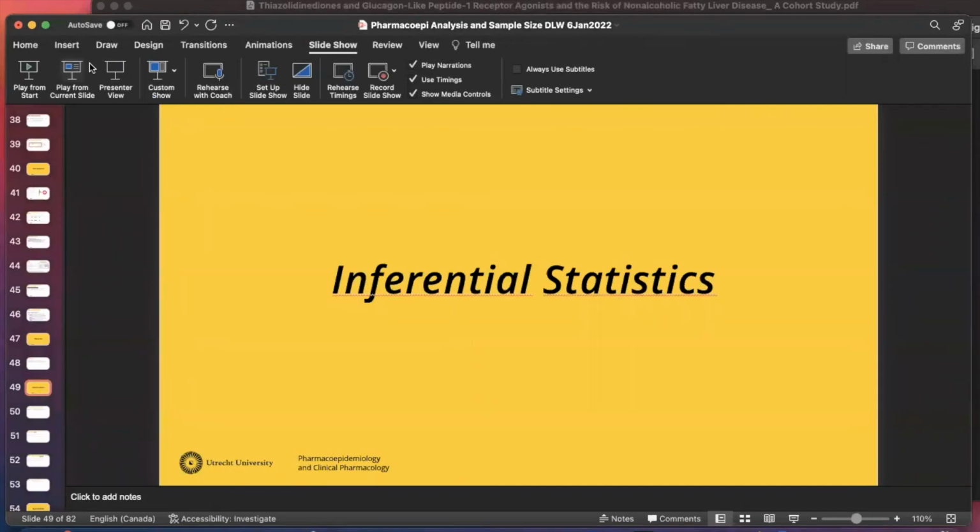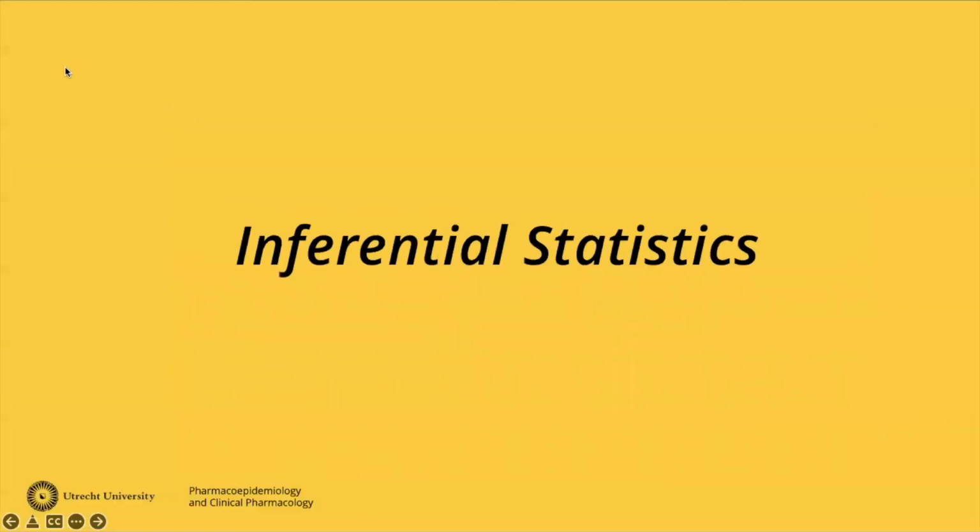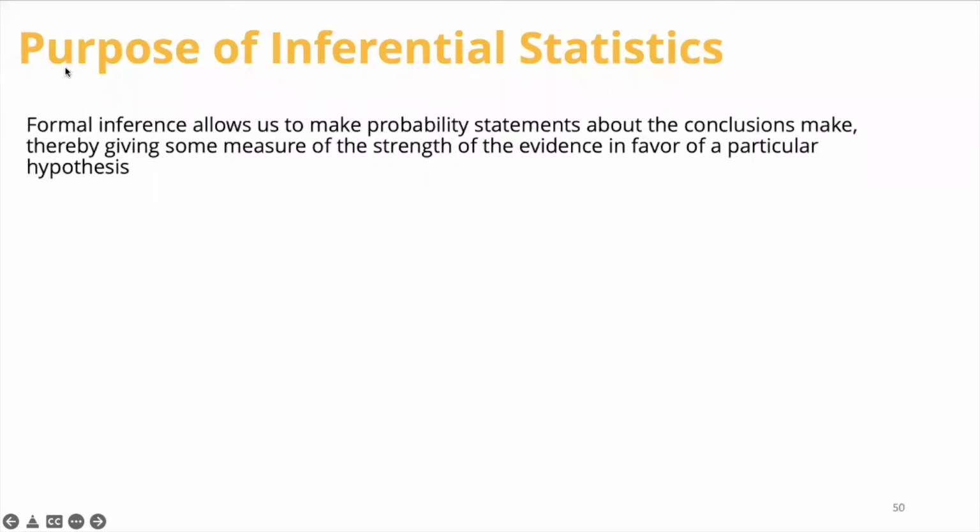Okay, we're going to move on to our next section on inferential statistics. So what is the purpose of inferential statistics? Overall, formal inferential statistics allows us to make probability statements about the conclusions made, therefore giving some measure of the strength of the evidence in favor of a particular hypothesis.